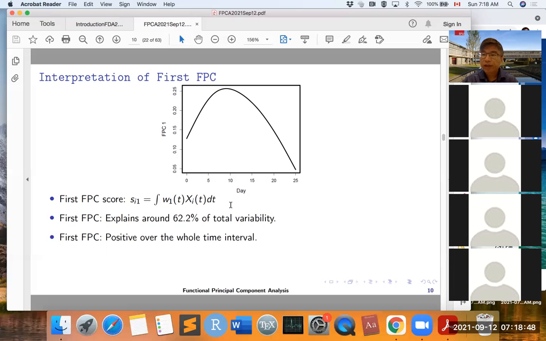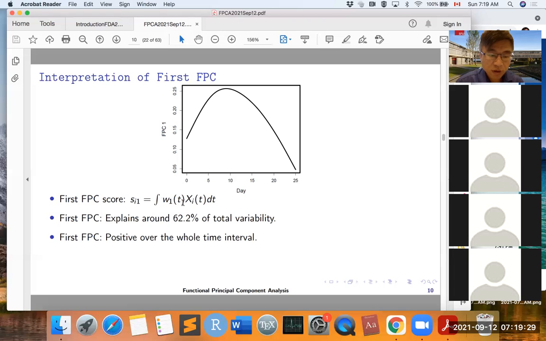Here, this W1(t) is positive over the whole time period, right? If you look at this formula closely, you will see that the FPC score is the integral of X_i(t) multiplied by W1(t). So in other words, the first FPC score can be treated as the weighted average of the curve X_i(t). The weight is the FPC W1(t), right?